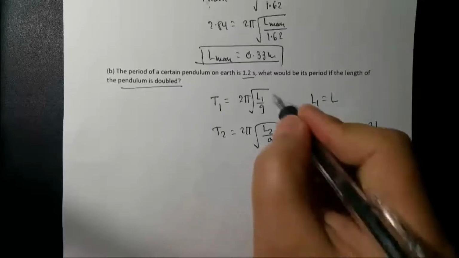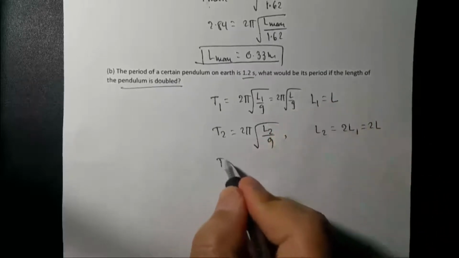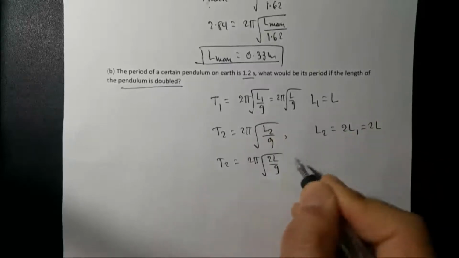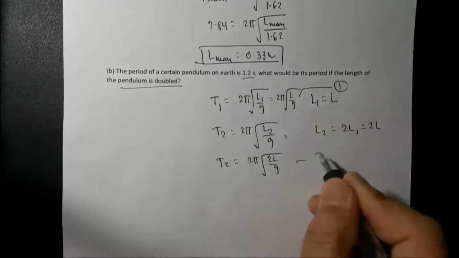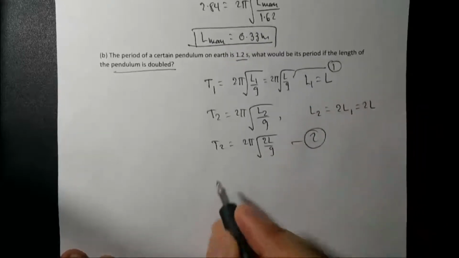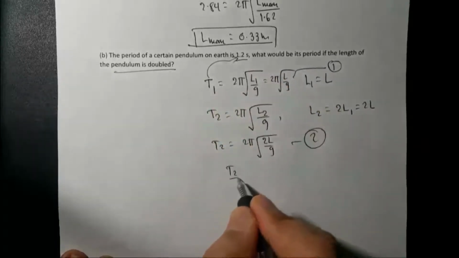So it's going to be these two equations: T2 is 2 pi square root of twice L over g. Let's call these equation number 1 and 2. And we're finding T2. T1 is given; T1 is 1.2 seconds. So for T2, just take this ratio.